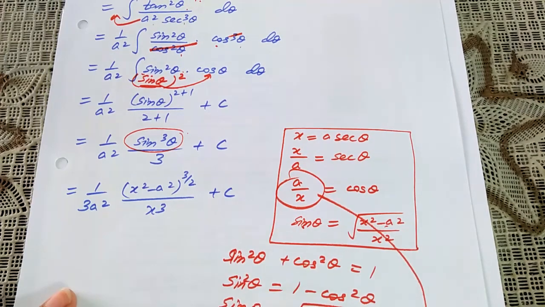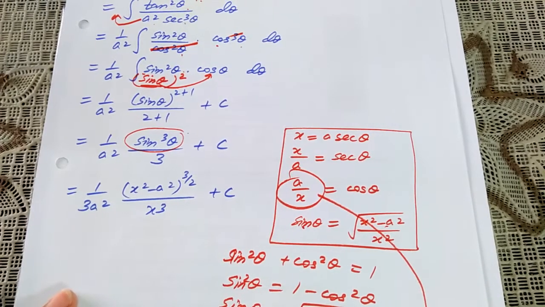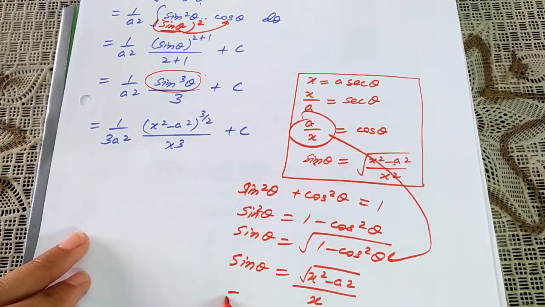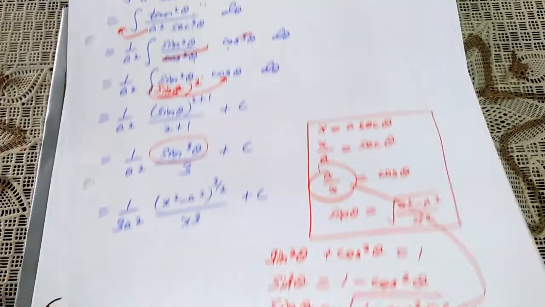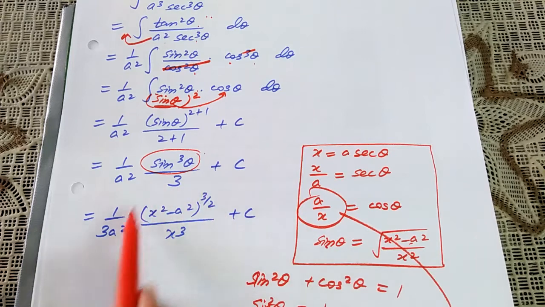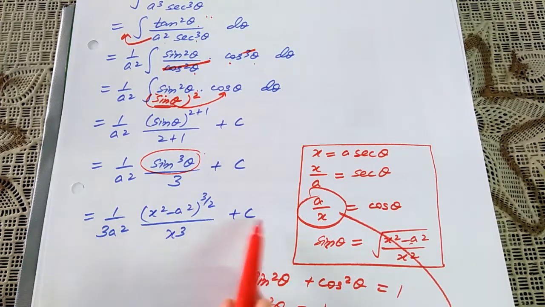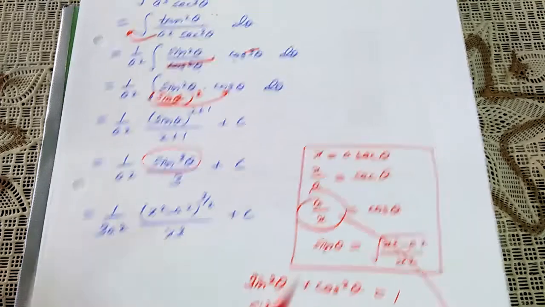So sine theta will be under root x square minus a square over x. This is the cube. If I take cube on both sides, I will get x square minus a square to the power 3 by 2 over x cube. So writing the cubic answer here, I will get this answer plus constant of integration.